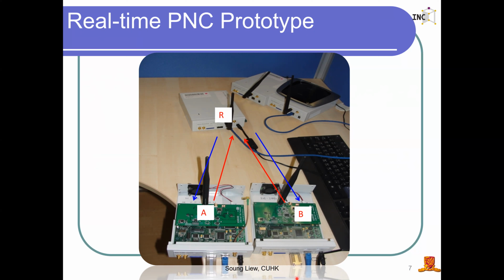If this were a satellite network, the antenna would be very big, and B would be very far away. This R would be up in the sky in the satellite. So with physical layer network coding, we can basically double the speed because we reduce the number of transmissions needed from 4 to 2.